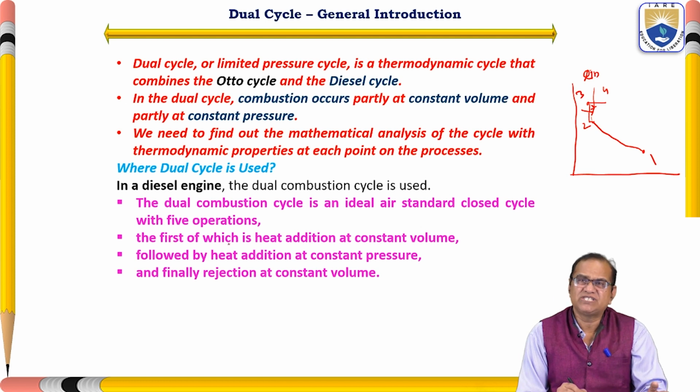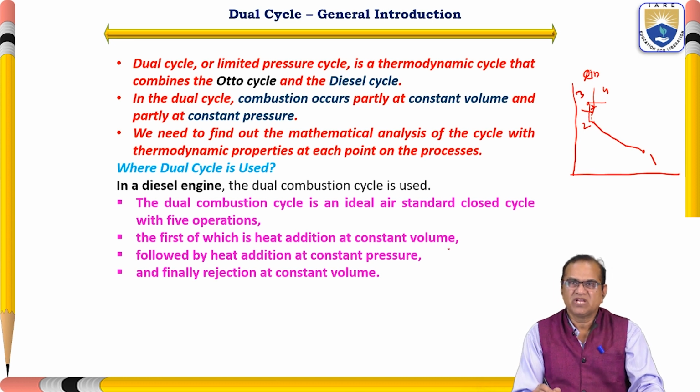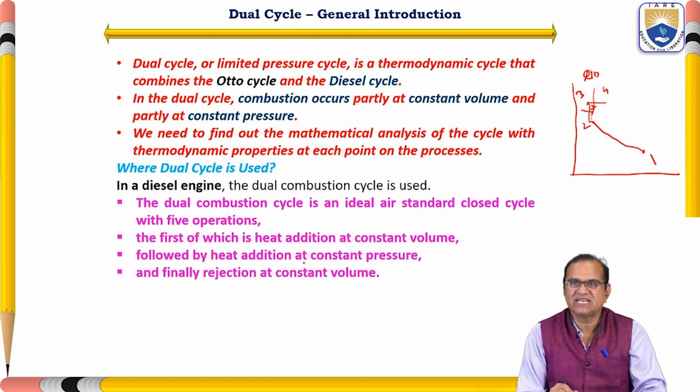The first of which is heat addition at constant volume. So at a constant volume, heat addition is taking place, followed by heat addition at a constant pressure. So here you can see, this is the constant volume 2 to 3 and this is the 3 to 4.